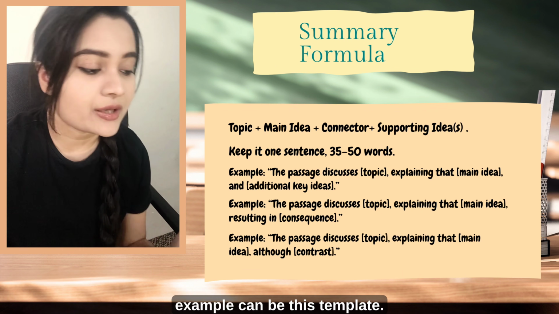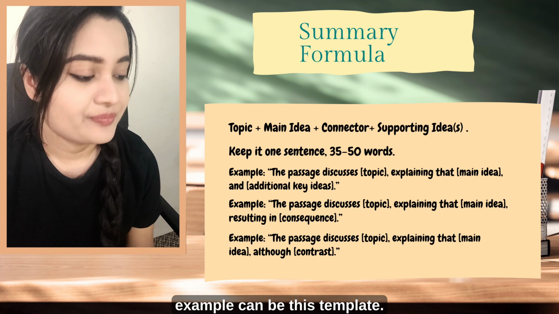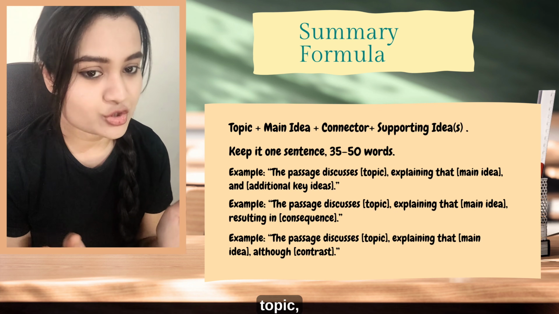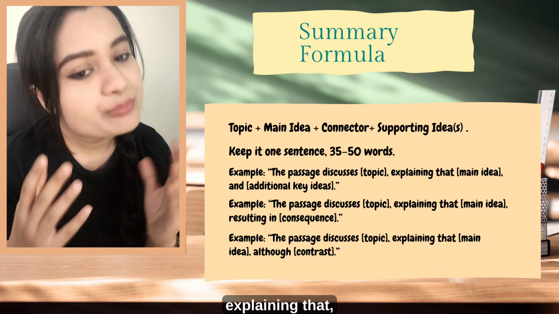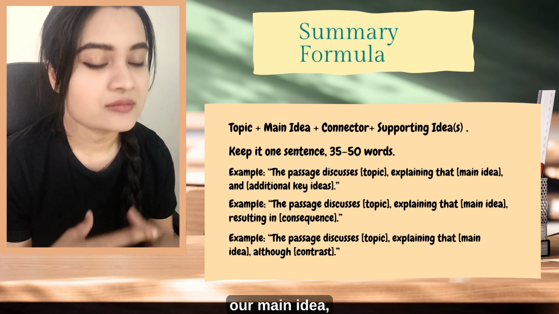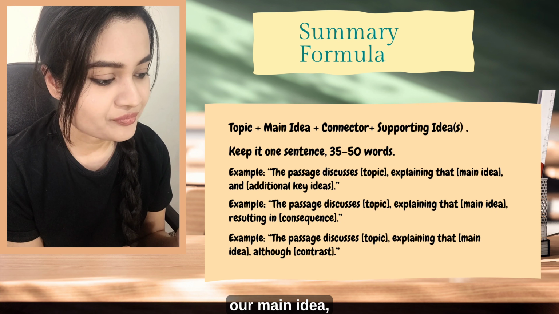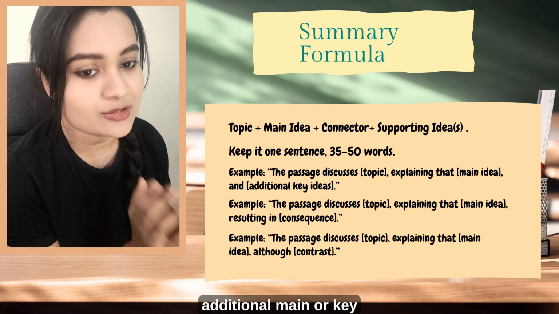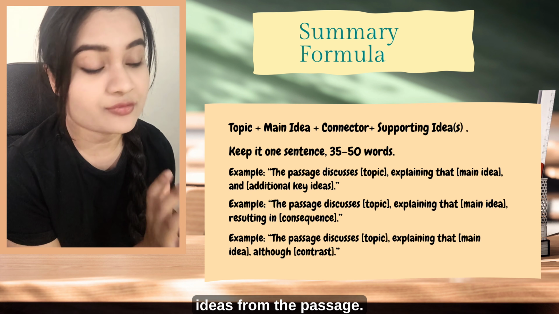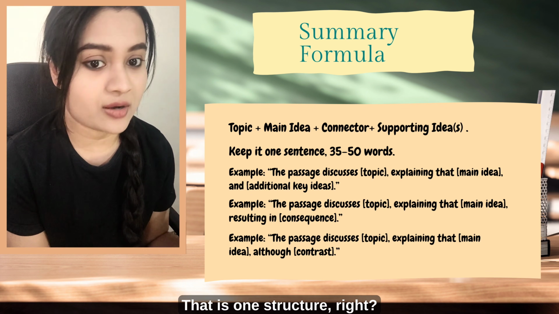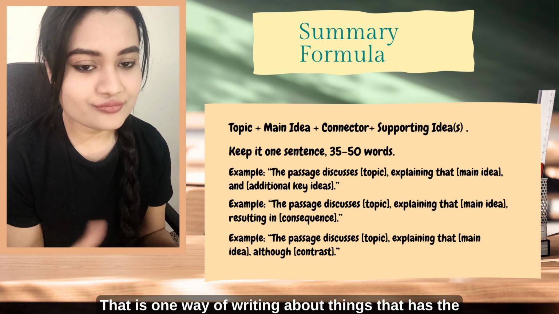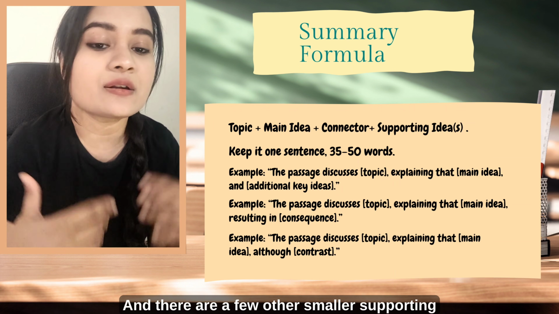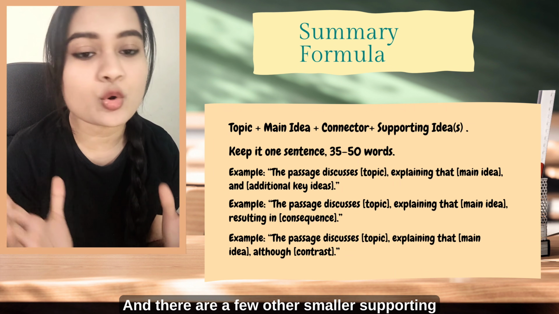An example can be this template: The passage discusses the topic, explaining that, our main idea, and some additional main or key ideas from the passage. That is one structure, right? That is one way of writing about things that has the main idea, and there are a few other smaller supporting ideas.